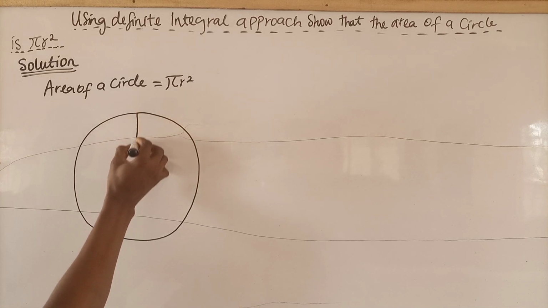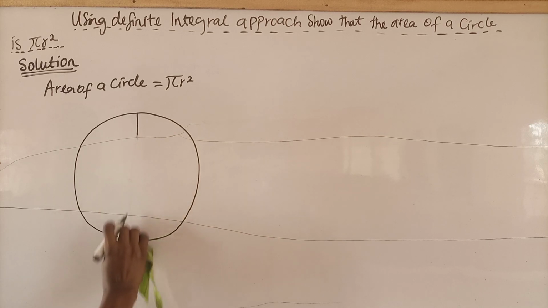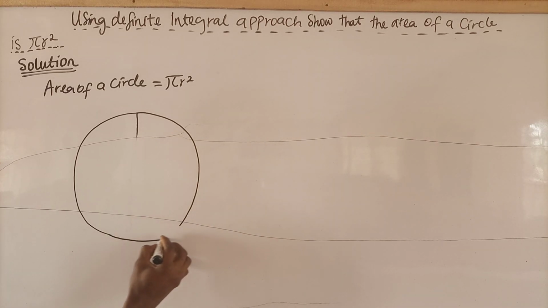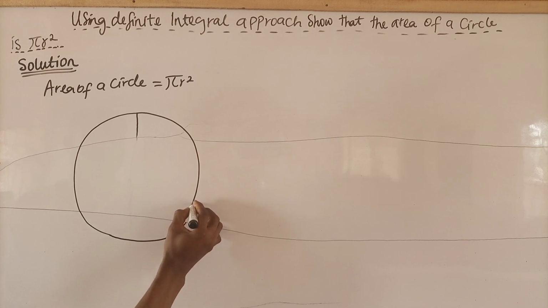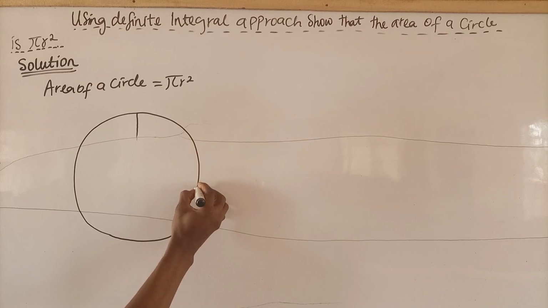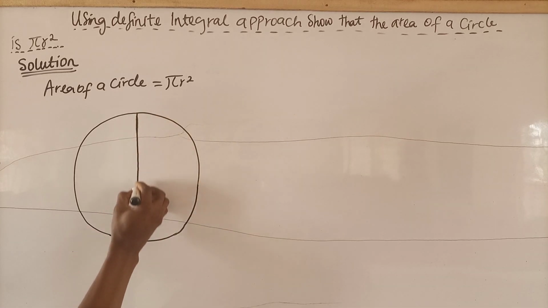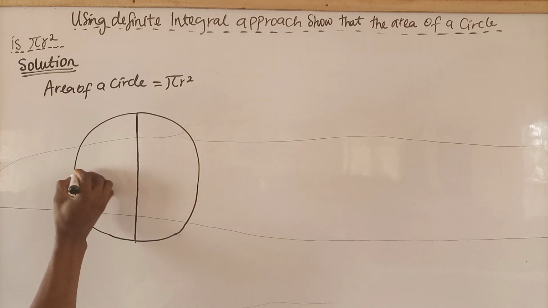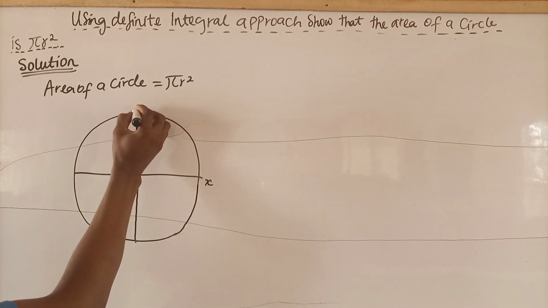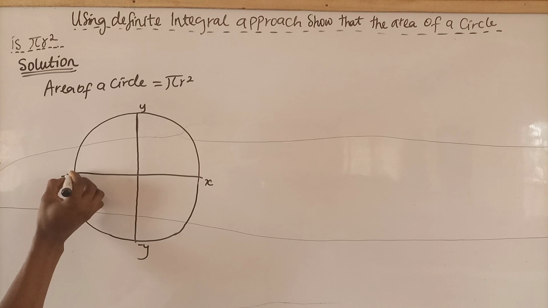We draw our Cartesian plane, the y axis and the x axis. So this is the x axis, y axis, negative y, negative x.